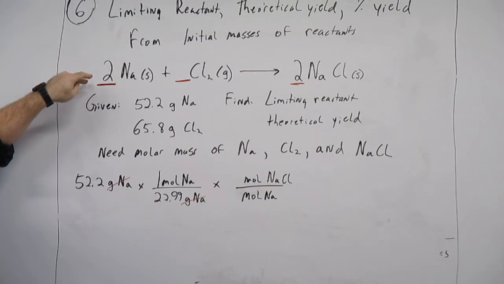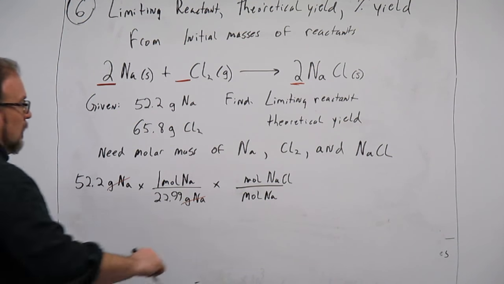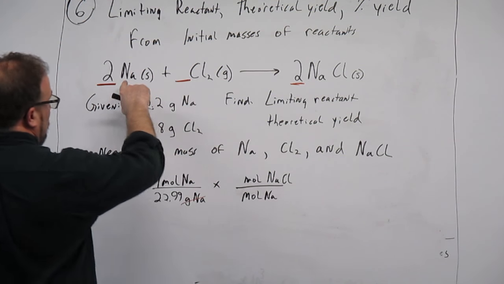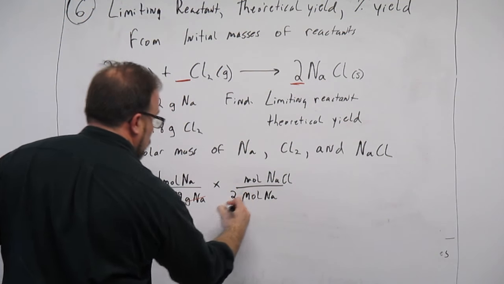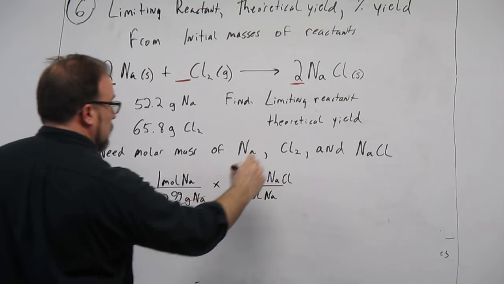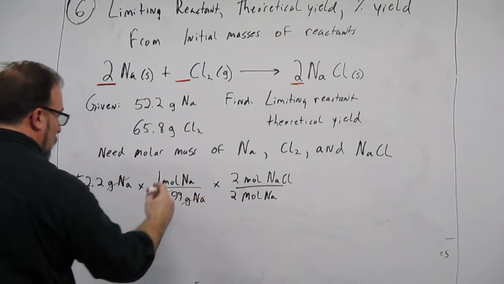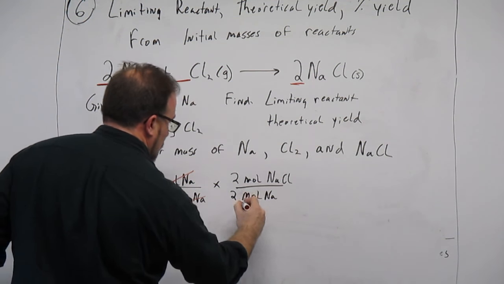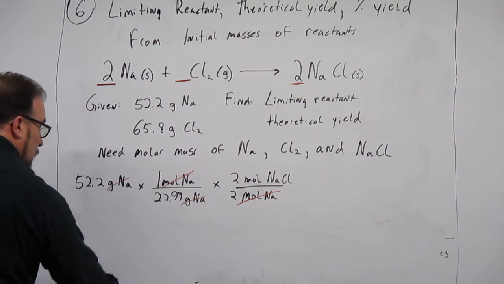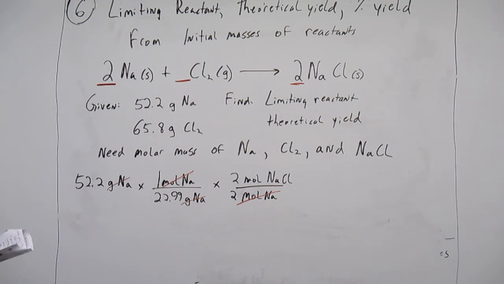It's a critical first step because you're going to use the coefficients in these ratios. So I've got how many moles of sodium? I've got 2, right? So the 2 goes right there. How many moles of sodium chloride? I've got 2. So my moles of sodium cancel with my moles of sodium, and I'm left with the moles of sodium chloride.